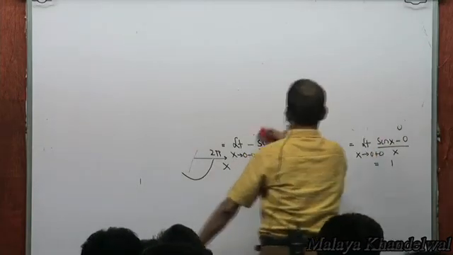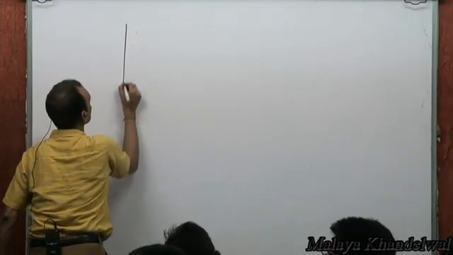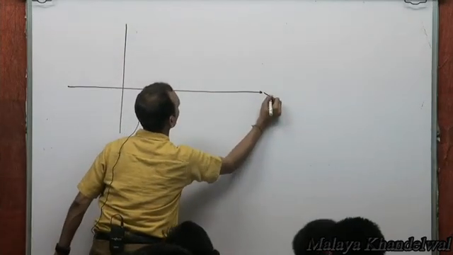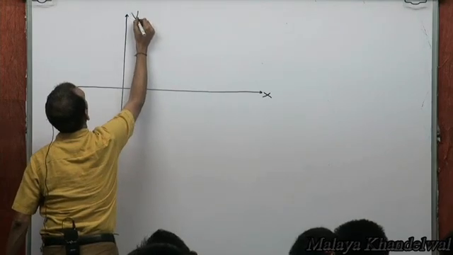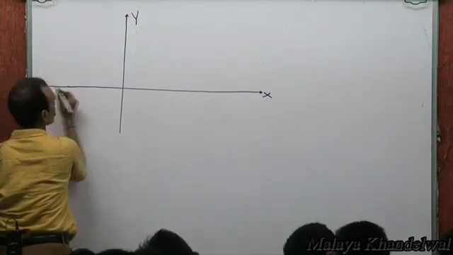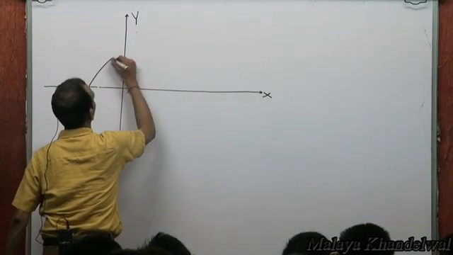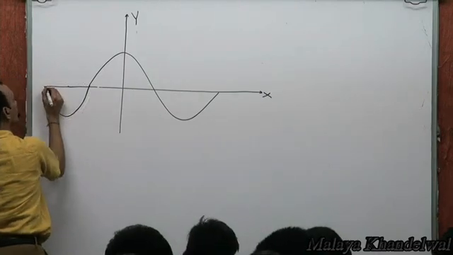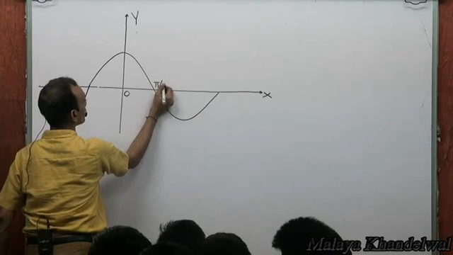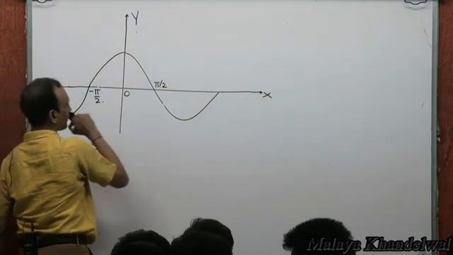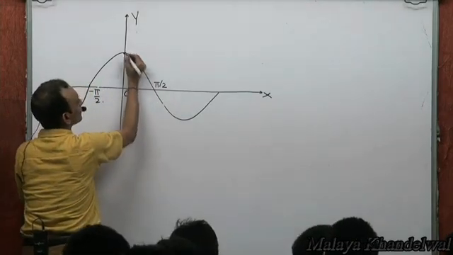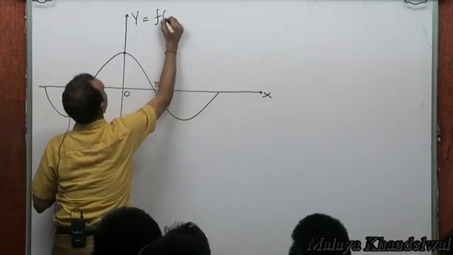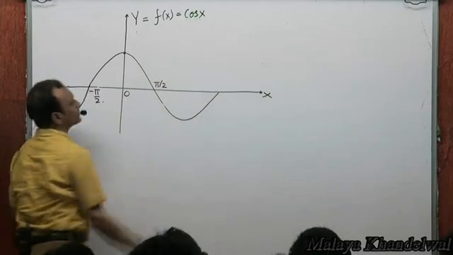In contrast, say, this is y equal to f(x) equal to cos x.